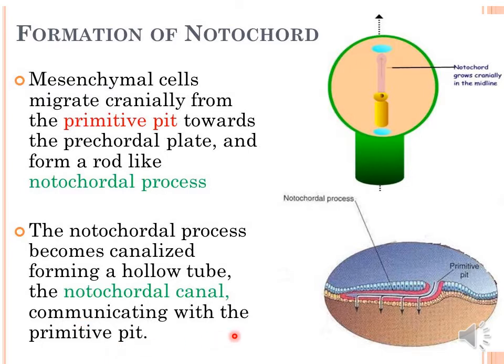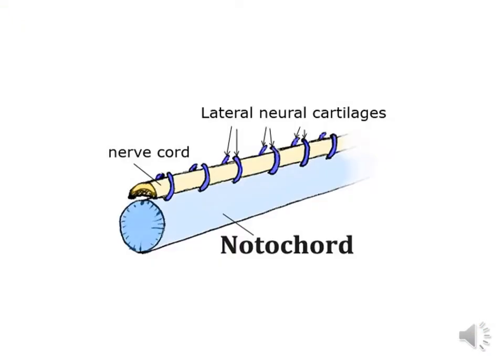It communicates with the primitive pit, as you can see here. Again, this figure shows the notochord. It represents a midline axis around which the vertebral bodies will be arranged.